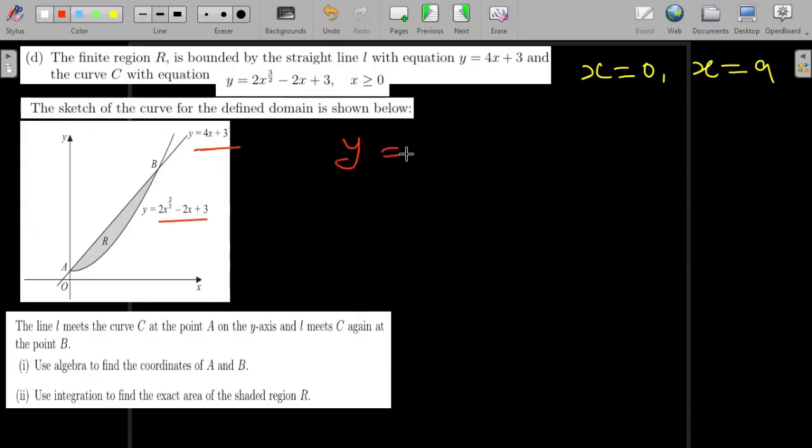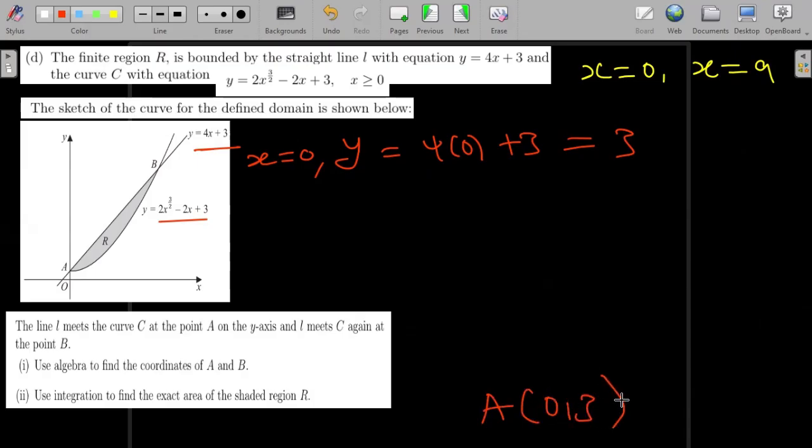So y is equal to, if x is equal to 0, then y will be equal to 4 multiplied by 0 plus 3, which will just be 3. So it means the coordinates of A will just be simply (0, 3). And then if x is equal to 9, then y will be equal to 4 times 9 plus 3.